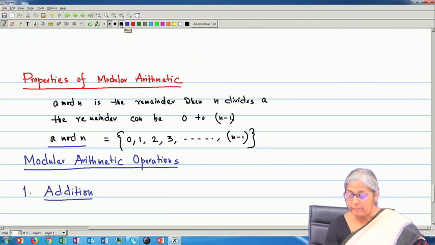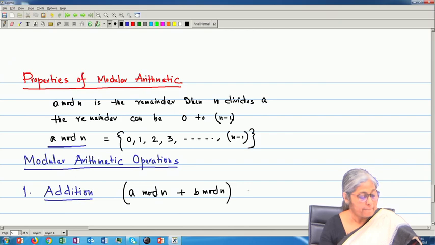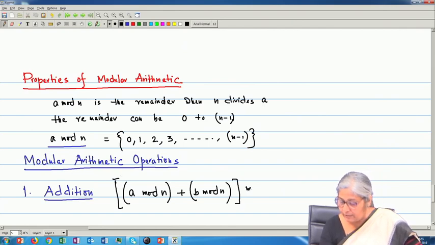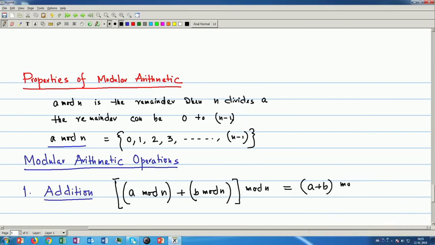So, addition, we can write that A mod n plus B mod n, and then if I again take modulo n, then I will be getting A plus B modulo n.